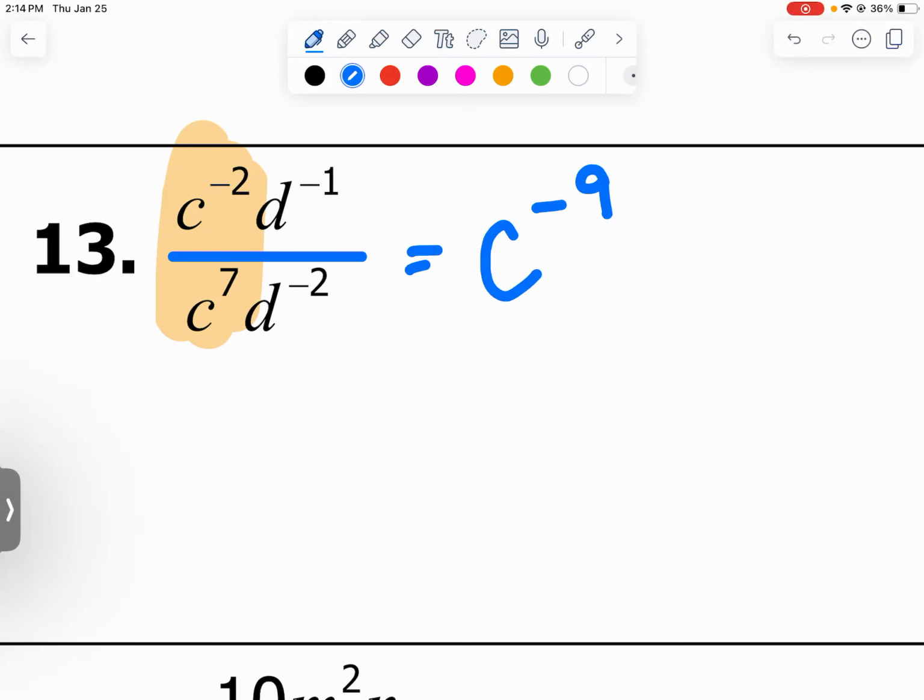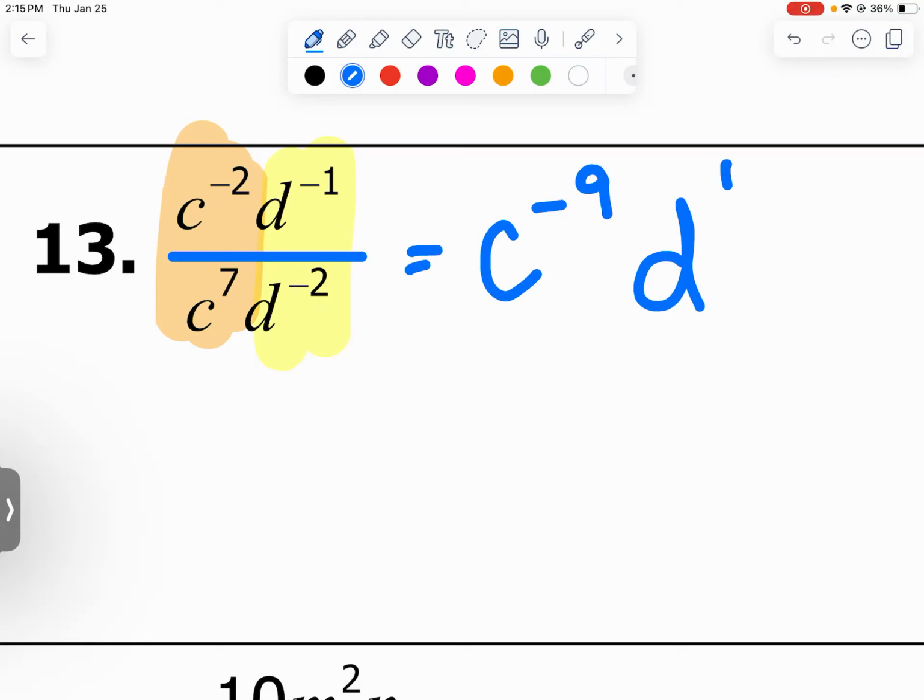Okay, right here, we have -1 minus -2. -1 minus -2 would give us 1, because here's -2, and if we go -7, we're at -9.